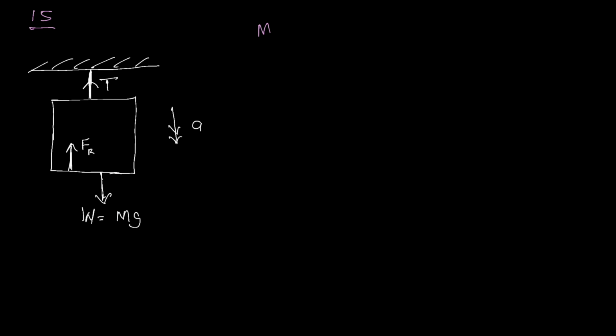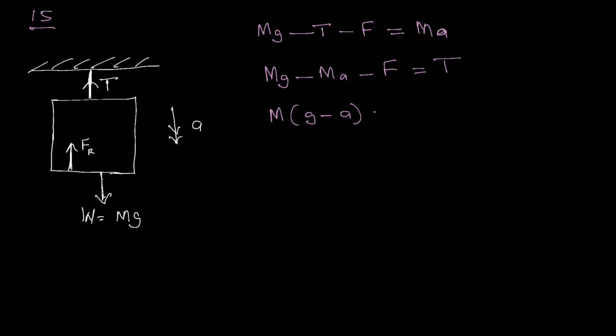So we can say mg, that's the weight of the lift, minus tension minus frictional force will be equal to ma. We want to make tension the subject, so mg minus ma minus frictional force equals tension. Capital M is a common factor, so we go g minus a minus f equals to tension. So the tension will be equal to capital M into bracket g minus a minus f. So the answer will be D.